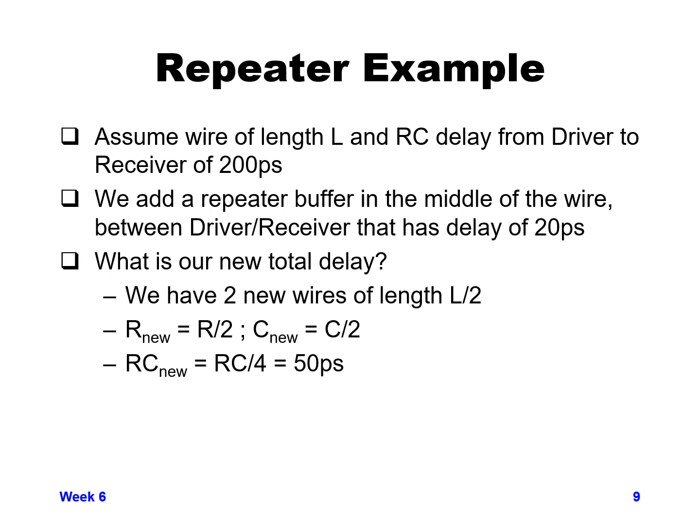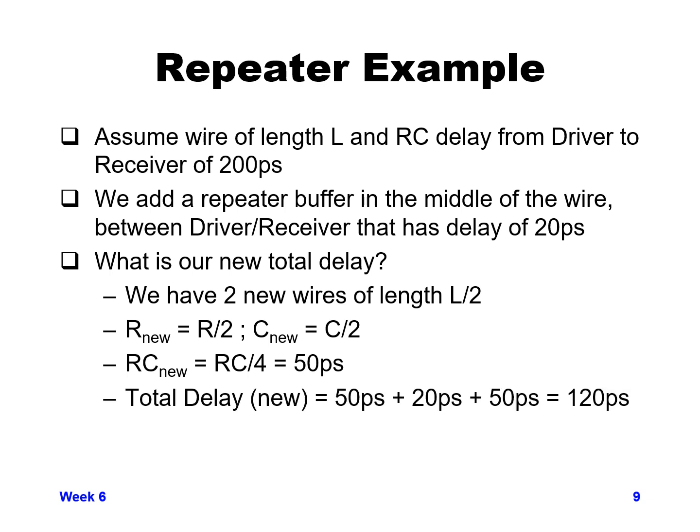And our new total delay is going to be 50 picoseconds for each of the wires, plus the 20 picoseconds for the delay of the new buffer that we added. And so we get 50 plus 50 plus 20 is 120 picoseconds from the driver to receiver.